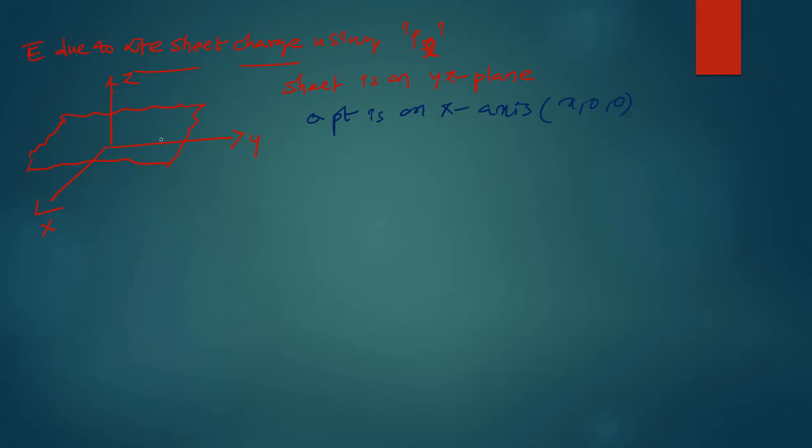Now in the previous case, what approach did we follow? With the xy plane, we reduced the x variable, taking a differential x element dx, and a differential y element dy.